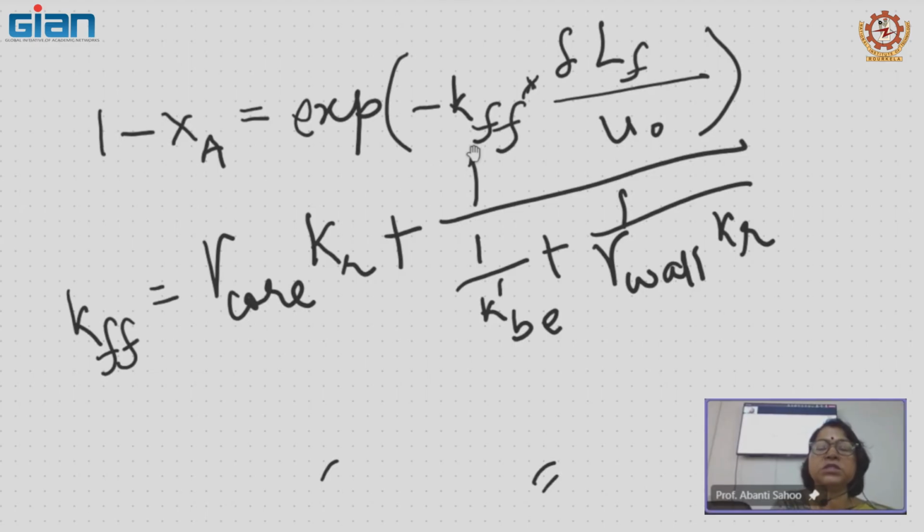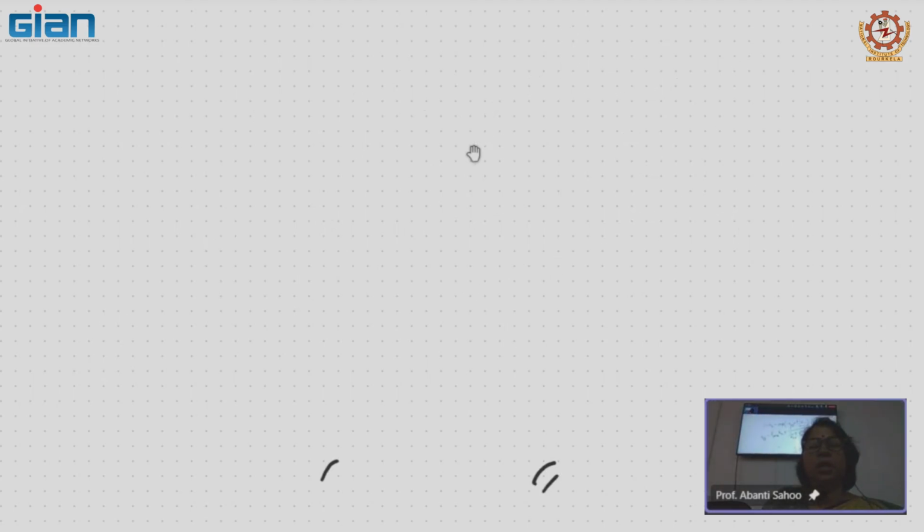So, this is just in short about the different types of catalytic reactor, where the gaseous reactant gets converted and the reactions proceed.